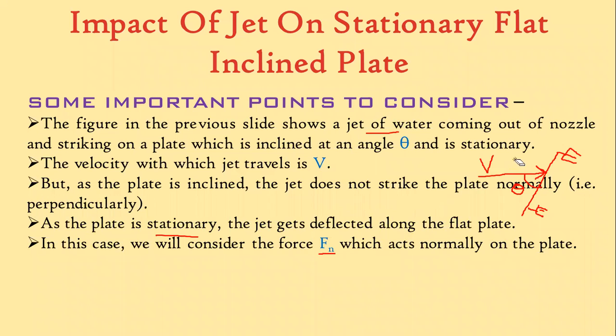So what are all the points discussed? The plate is inclined, it is stationary. And the jet which is traveling with a velocity v is not going to strike the plate normally or perpendicularly, but it is going to strike the plate in an oblique manner, and after it strikes, it is going to get deflected along the plate.